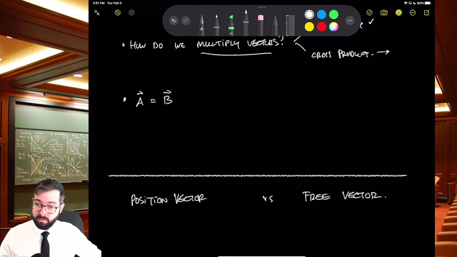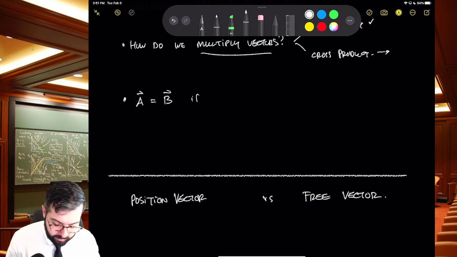Those are not really equal vectors, right? The forces aren't resulting in the same action. But in terms of having the arithmetic work out, we do say 2 things are equal if and only if the magnitude of A equals the magnitude of B, and they have the same direction and sense.